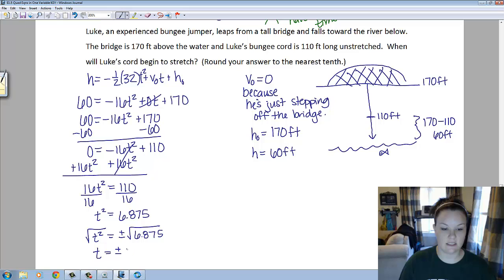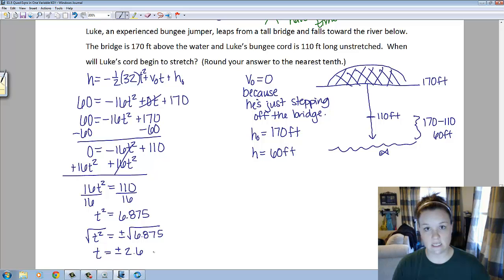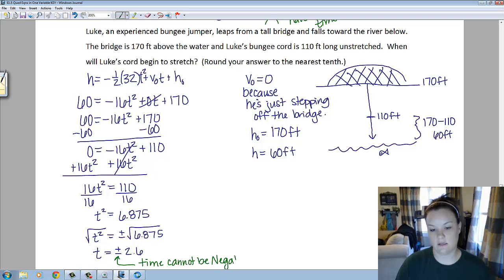Time cannot be negative. Okay, which means that my answer here is 2.6 seconds. Which means in terms of my problem, it's going to take Luke 2.6 seconds before his bungee cord reaches its maximum length and then begins to stretch.